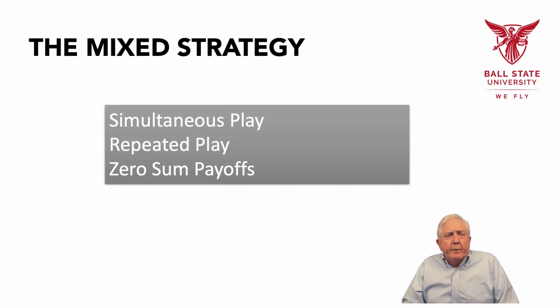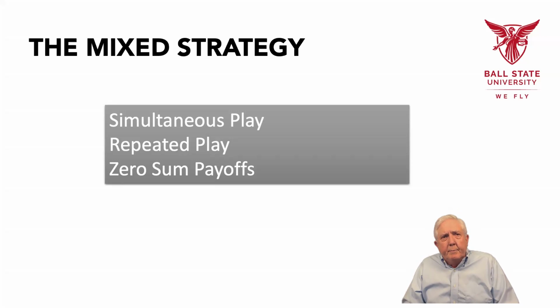So as you can see, there are three key aspects of the game that are necessary in order for you to have a mixed strategy. The first is there must be simultaneous play. In other words, both parties have to make their decision at the same time.